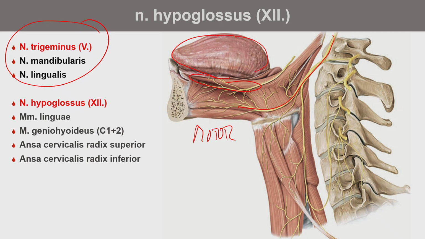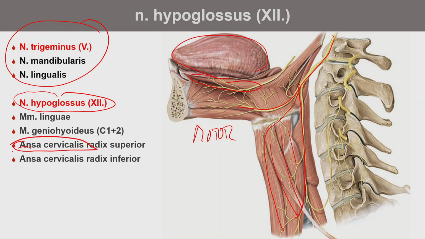And then also the hypoglossus is innervating, but not by fibers rising from the brainstem, the muscles which are infrahyoid, because it's creating the large sling which is called ansa cervicalis.